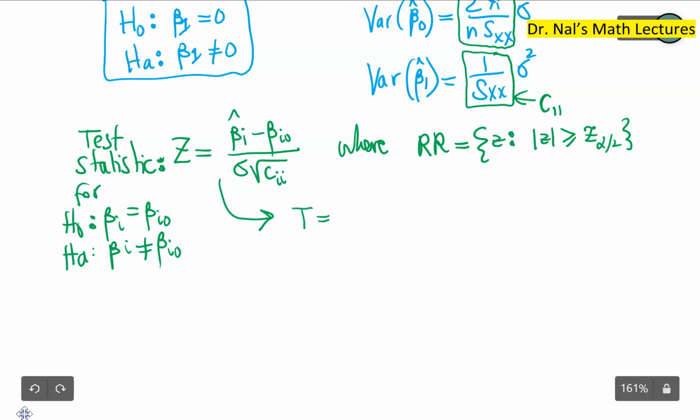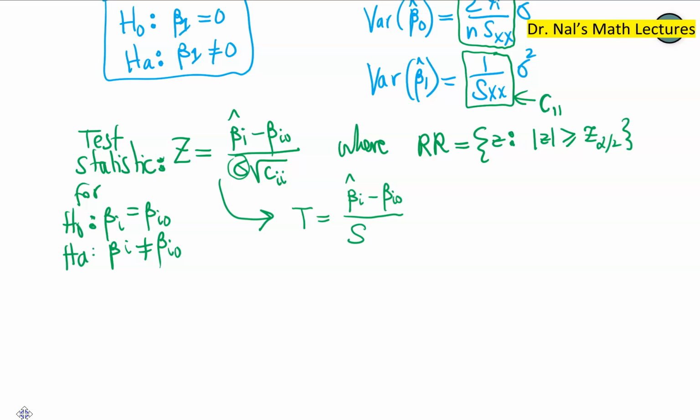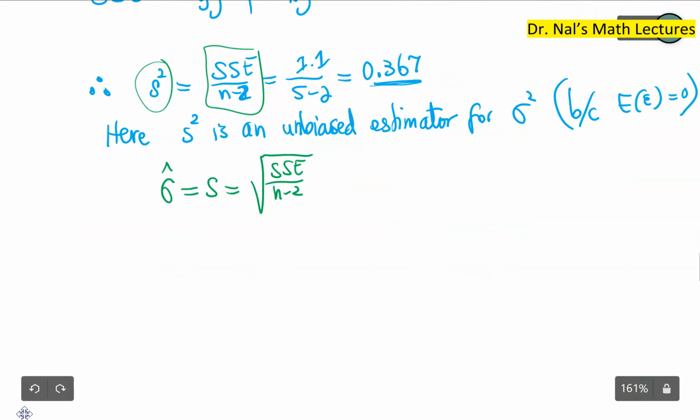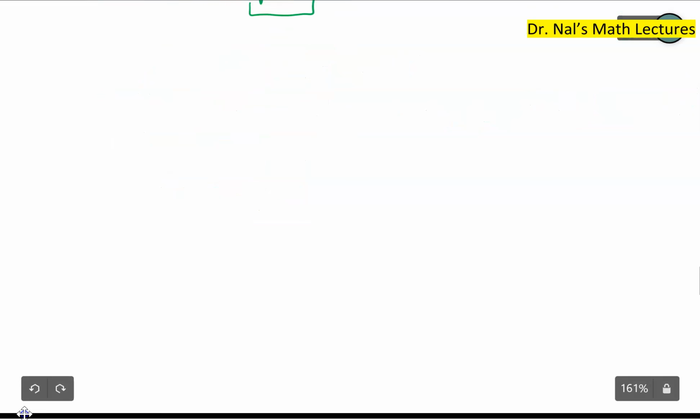If you substitute the sigma here with the expression I just showed, the square root of SSE over n minus 2, we get a new test statistic: beta i hat minus beta i0 in the numerator, and the denominator is S times the square root of Cii. That's quite interesting. Here I call that one S. So you just replace it with this, and that's it.